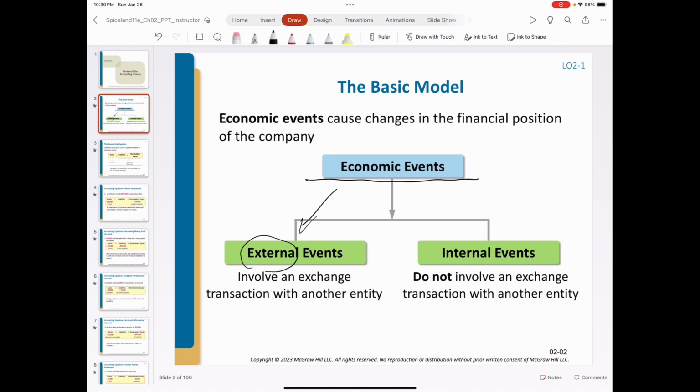Because there's another entity or individual involved, usually there will be documents to record this transaction in different formats. In other words, we have evidence of the external transaction. So the analysis of this transaction is straightforward and easier than the other one, internal transactions or events.